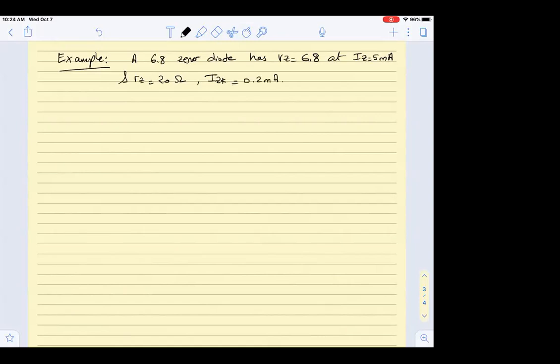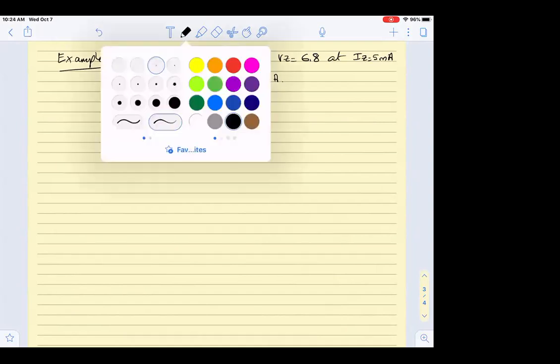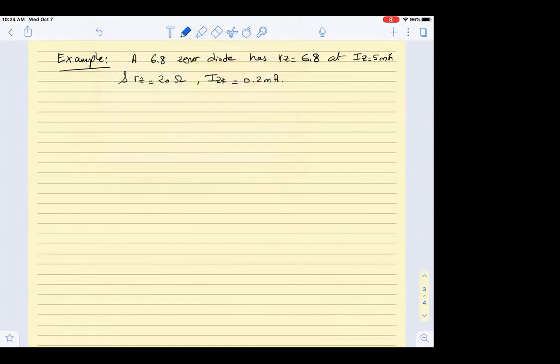So he already gave us, with the circuit, some information about the operation of the diode. He told us that IZK is 0.2 milliamps. He told us that at the point when the voltage is minus 6.8 volts, the current is minus 5 milliamps.